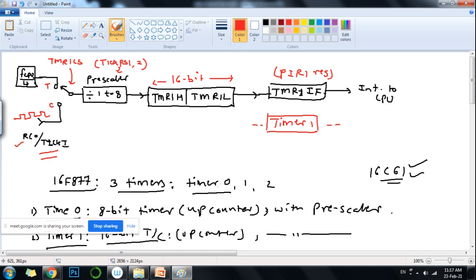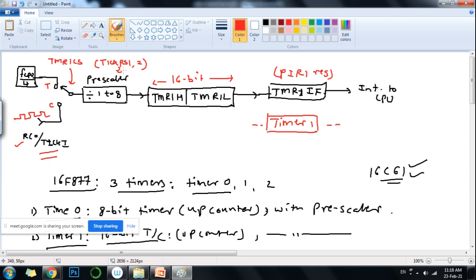For timer 0, we have seen that the interrupt flag was available in the option register, but here it is available in a separate register, peripheral interrupt register 1. Then deciding the prescaler and deciding whether it will work as a timer or counter is done by using these bits.